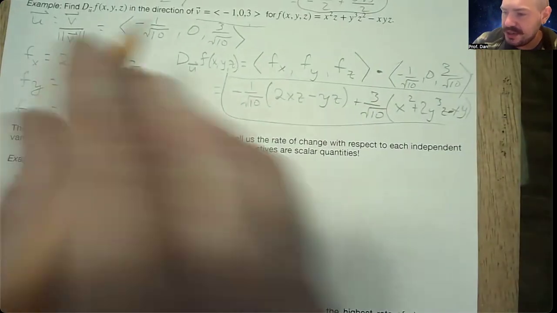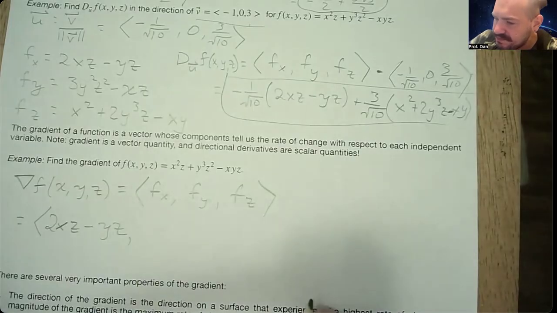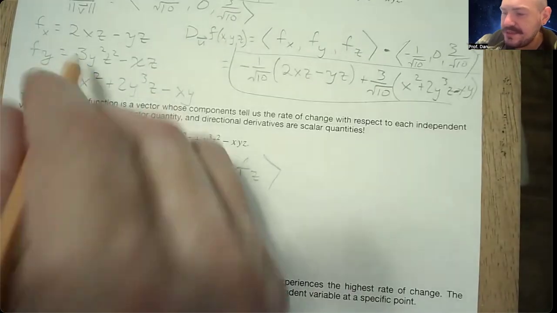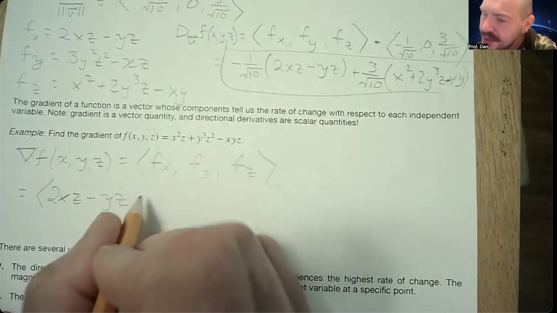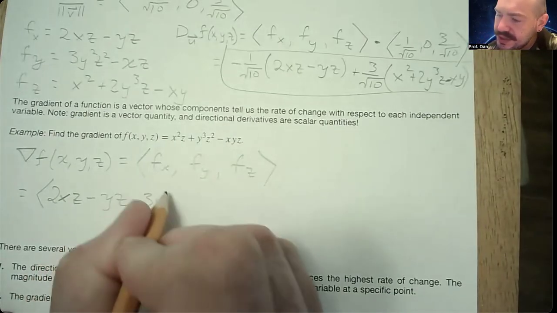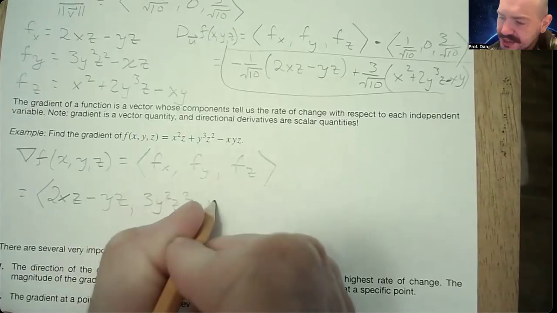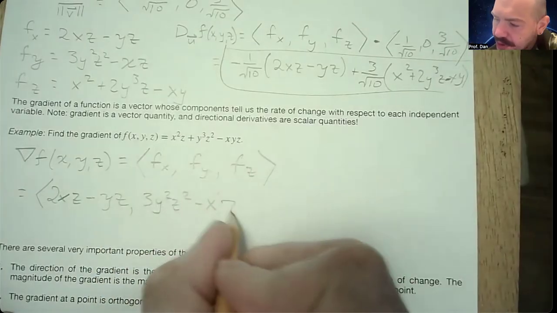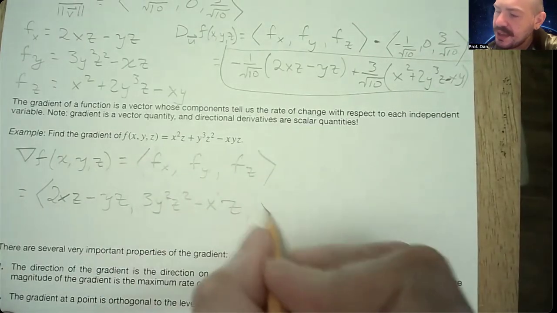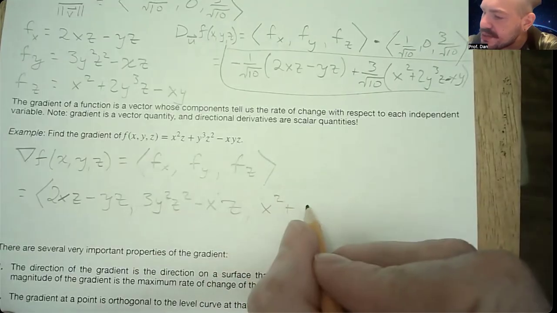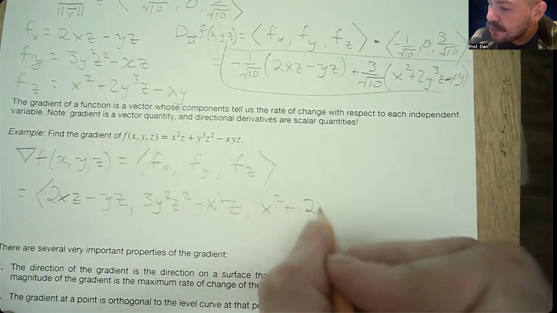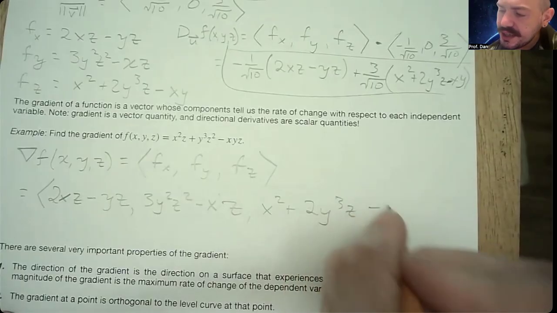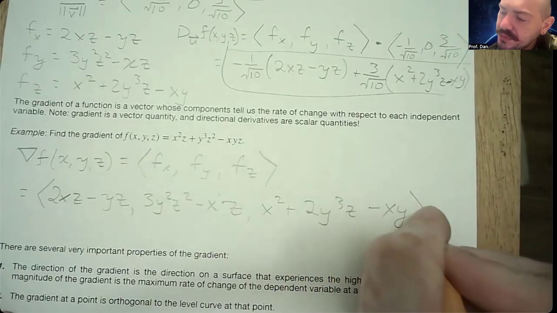So I'm going to just copy pasta these from what I wrote up here. So we get 3y squared z squared minus xz for our y component, and x squared plus 2y cubed z minus xy for our z component.